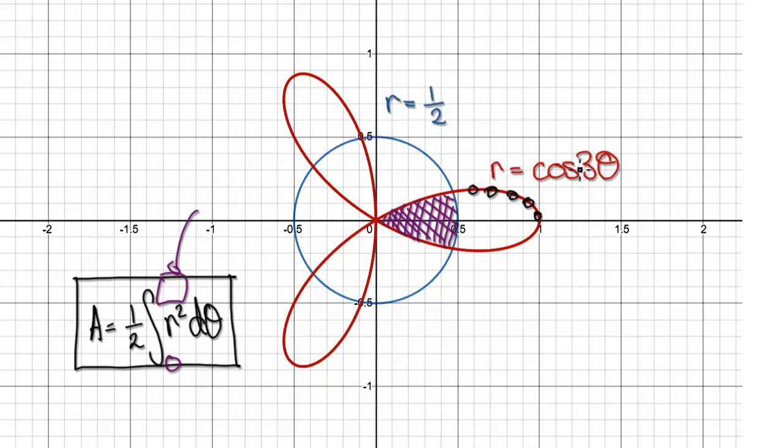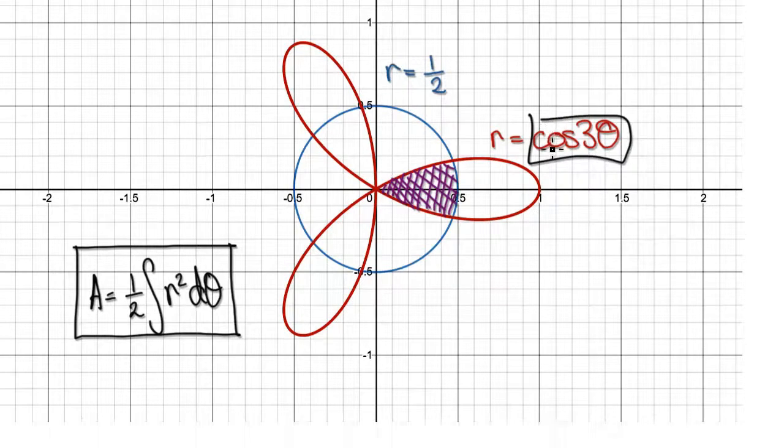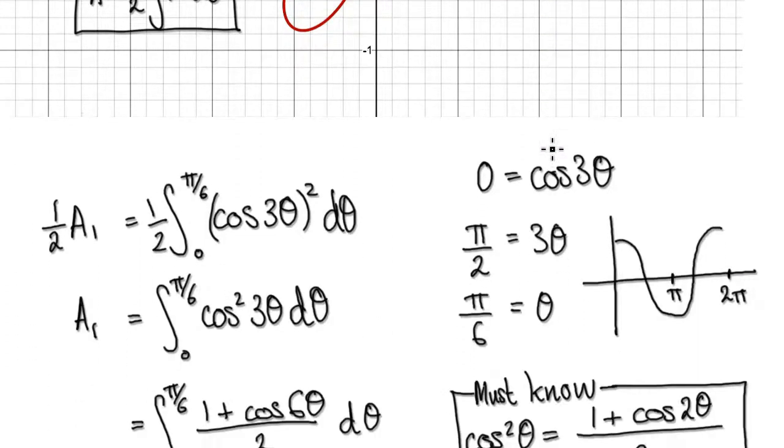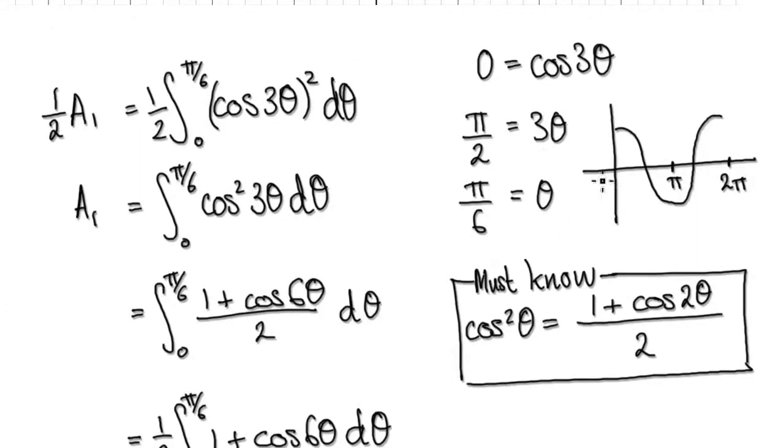We need to find out what theta will make the radius be 0, because we are integrating from 0 to whenever the radius is 0. So we need to figure out this thing here. To figure out when the radius will be 0, set this to be 0.